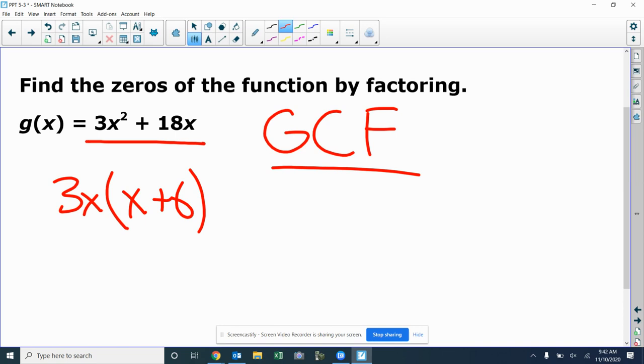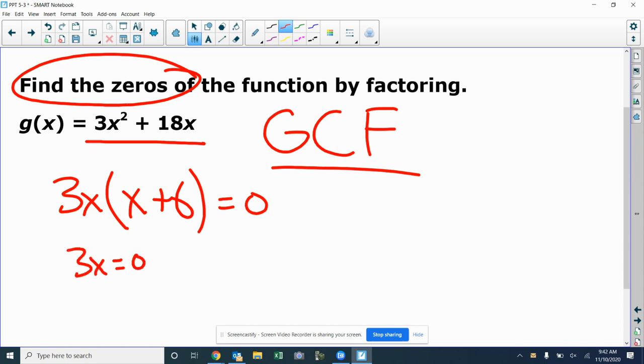Now, this one, the directions are a little different. It says find the zeros, okay? So we still have one more step. If it just says factoring, you just factor it. It says find the zeros, now we got some work to do. So we're gonna take 3x, set it equal to 0.